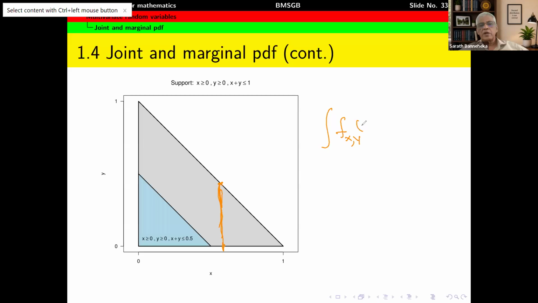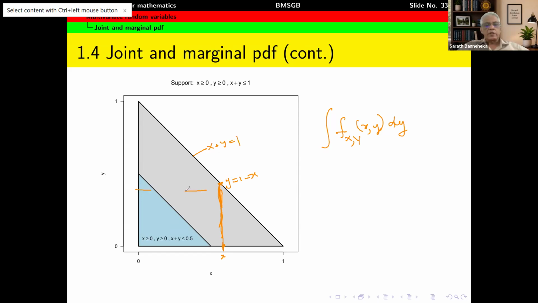f of x, y with respect to y, but the limit now, if the value of x is somewhere here, in that case y starts at 0, and then this is the line x plus y equal to 1 line. So therefore here y is equal to 1 minus x at this point, right?